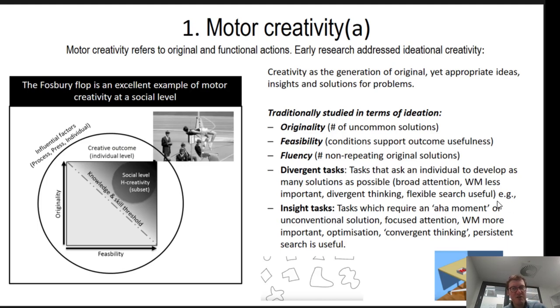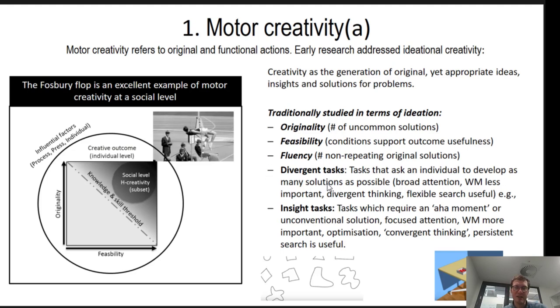Working memory is not so important in these tasks, so you don't necessarily need to remember what you've done before. The ability to think divergently, to come up with lots and lots of different ideas, irrespective of how feasible they are, is considered useful in these tasks.